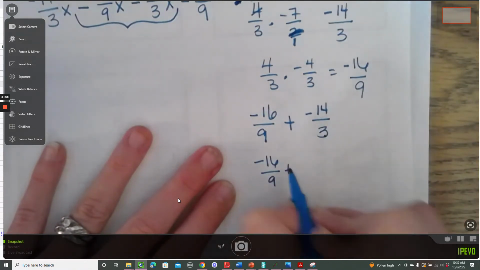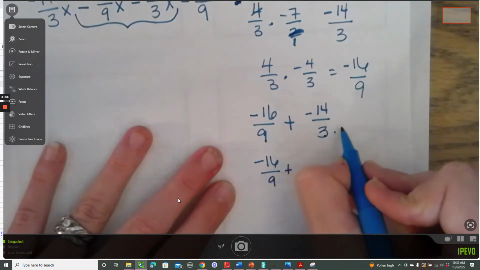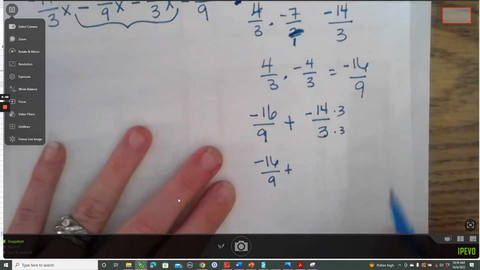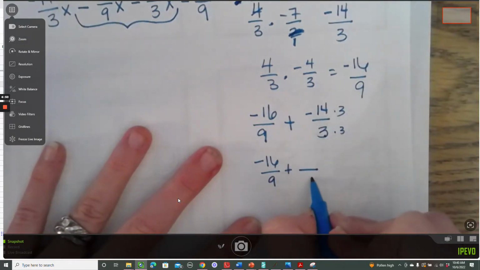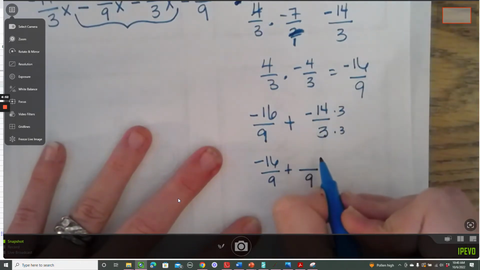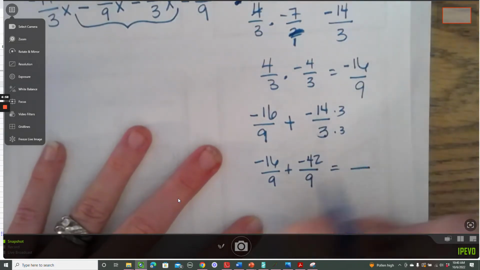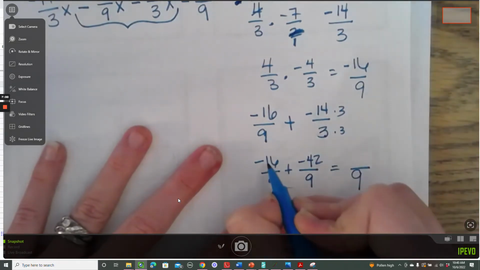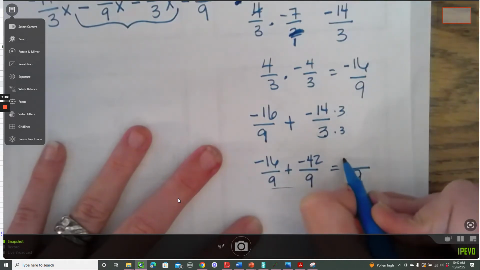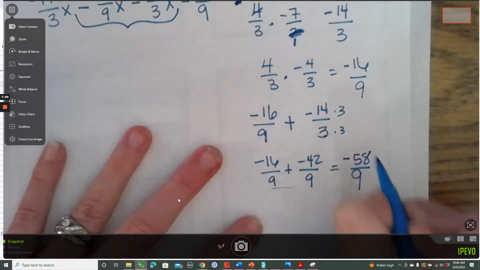How do I turn a 3 into a 9? Times 3 over 3. Somebody do negative 14 times 3 for me. Negative 42. Now what I can do, bottom stays the same. Negative 16 plus negative 42 is negative 58.